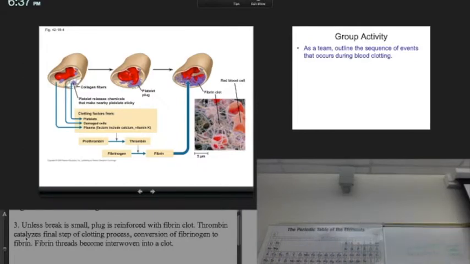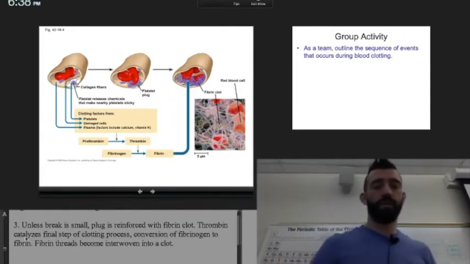So fibrin is what forms a stronger clot, an actual blood clot. It's an interwoven network of fibrin threads, and they can tangle up erythrocytes. That's when you've got a pretty good seal, a pretty good clot on damaged vessels.